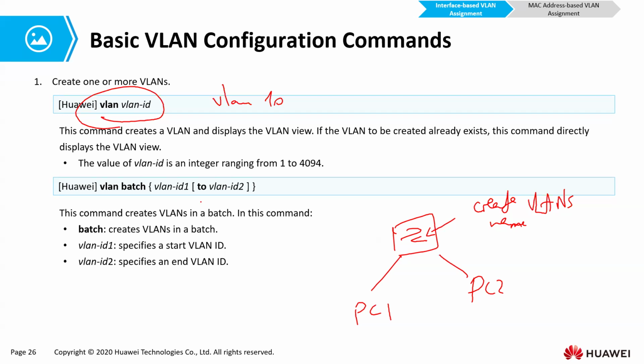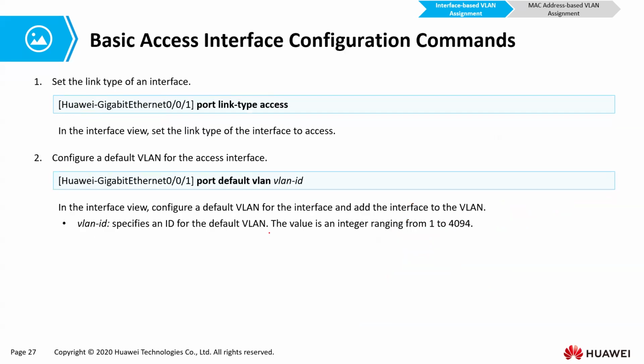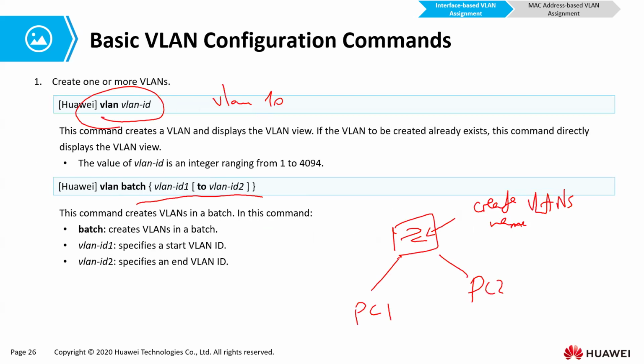Another way you could create a batch of VLANs. Instead of creating just one VLAN, you could create a batch of VLANs using this command. So you could create VLAN 10, 20, 30 with one command. After you create my VLANs, you specify port link type access with your interface. So in this example, I am on my access interface. You configure on the switch whether it is access, or by default it will be hybrid like I said.